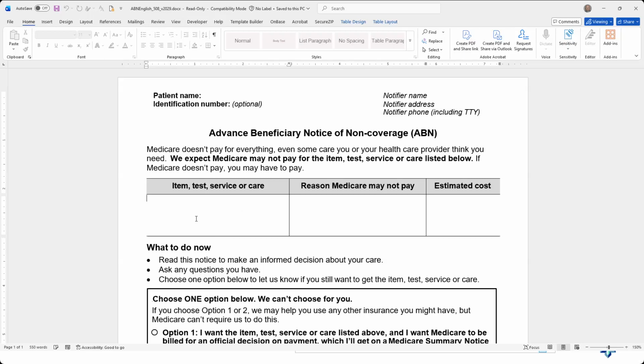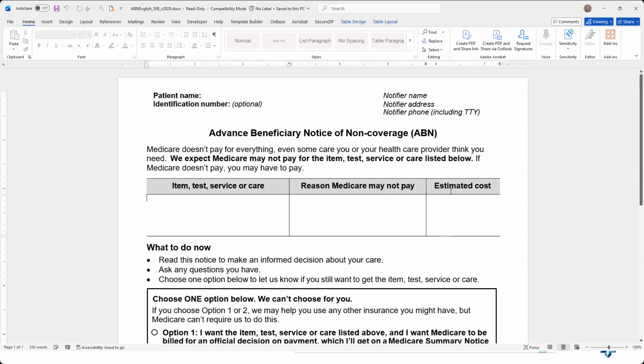It may incorporate more than one lab, in which case you'd give the total highest estimate. If it happens to fall in below that, we're good. Why won't Medicare pay for this? Maybe it's a frequency limit. This is outside the Medicare frequency limits. Okay. Maybe today this isn't covered for your condition, not medically necessary. Maybe this is never covered. It's not a Medicare benefit, right? We'd want to tell them that too.